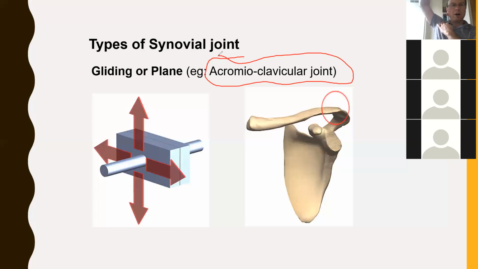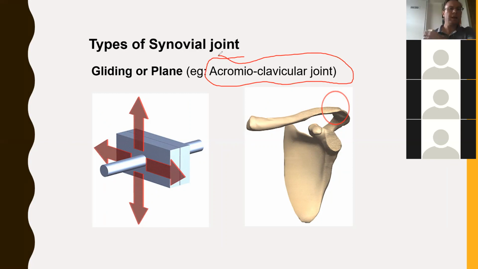So when I bring my arm up, this is called abduction. When I come down, it's called adduction. When I bring it out in front, we call that flexion. And as I bring it down behind me, we call that extension. So abduction, adduction, flexion, extension.